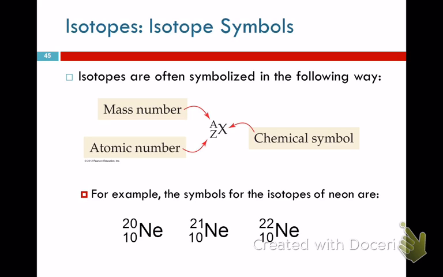What you do is you write the chemical symbol. And when you're writing the symbol for isotopes, you have the chemical symbol, the atomic number, which we get off the periodic table, and then the mass number, which you calculate based on the number of neutrons. You have to know the number of neutrons, or you have to have the mass number to figure out the number of neutrons. But you can't do one without the other.